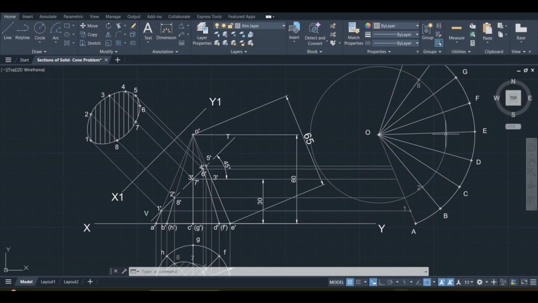And now change the radius of the circle up to this point. So now the circle is intersecting the CO generator as well as the GO generator. There, mark the points and give the names.